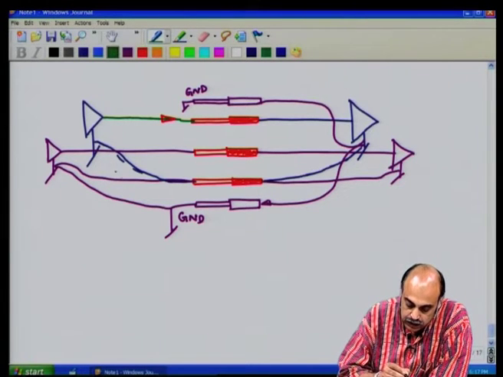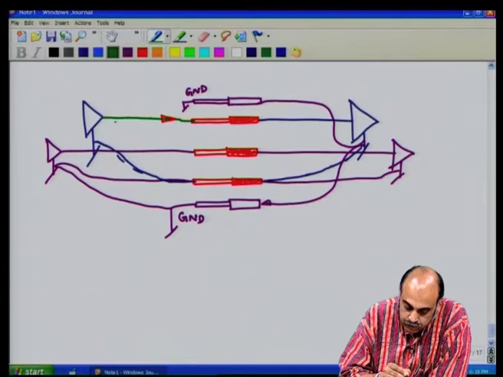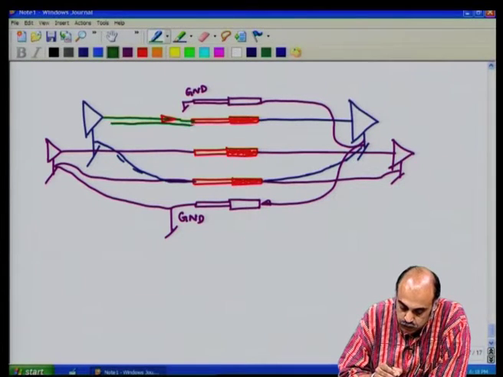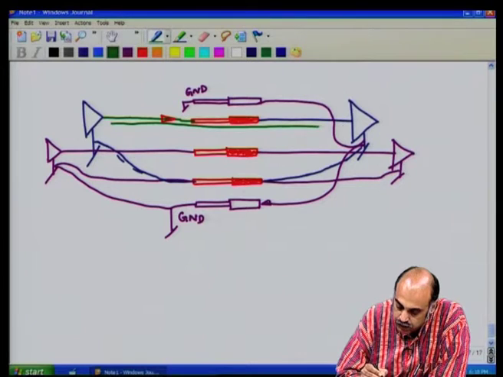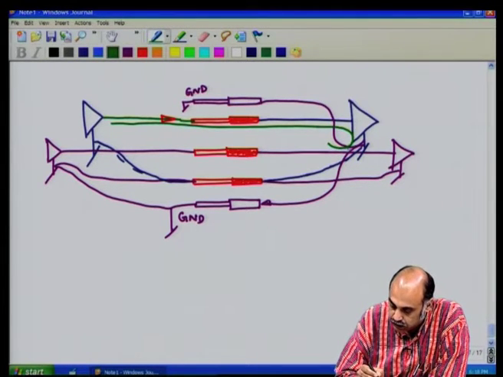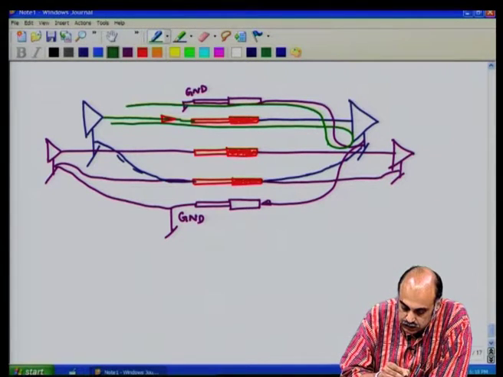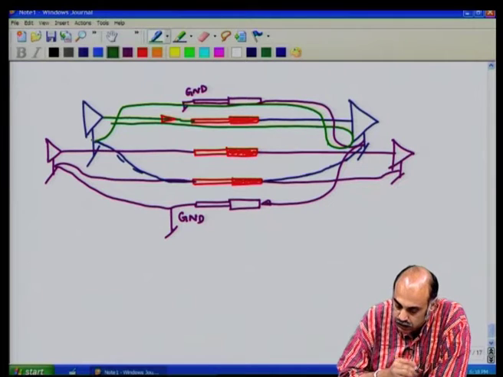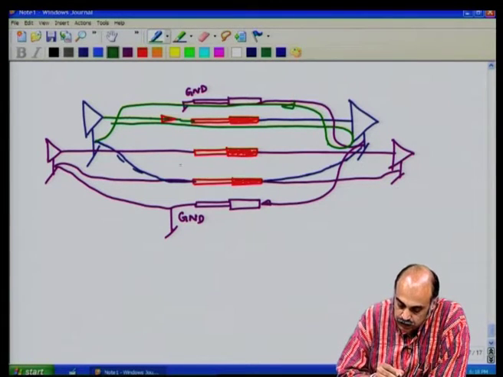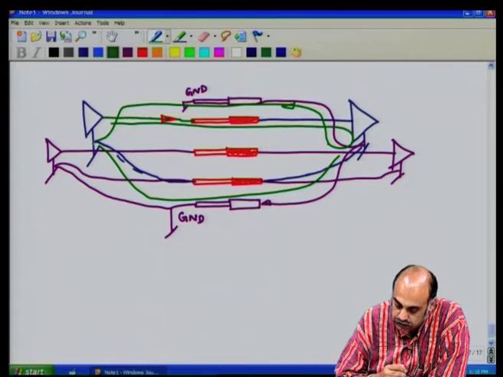So, if you look at this loop, it goes through like that, and one return path is through this to this ground, and the other return path is through this ground, let us say, and back here.